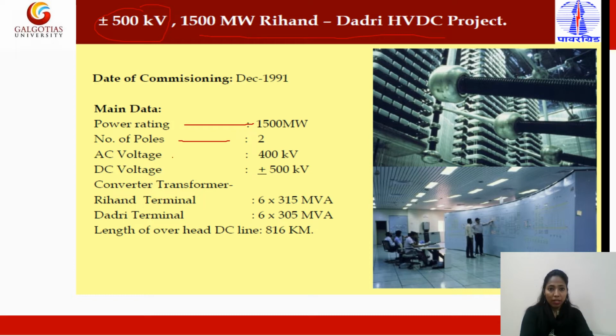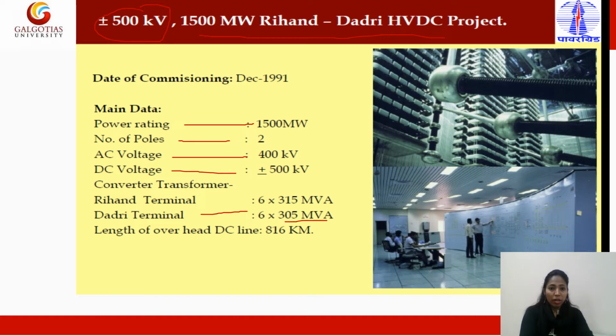The AC voltage is 400 kV and the DC voltage is plus minus 500 kV, and the converter transformer at the Rihand terminal is 6 into 315 MVA. That means we have 6 converter transformers, each unit of 315 MVA. The Dadri terminal also has 6, and each unit is 305 MVA.